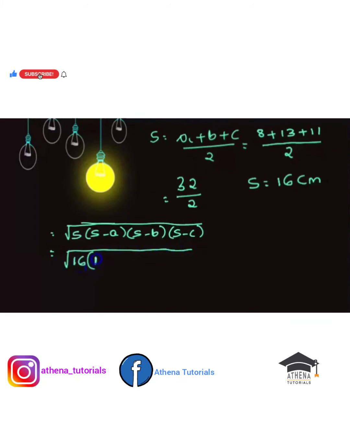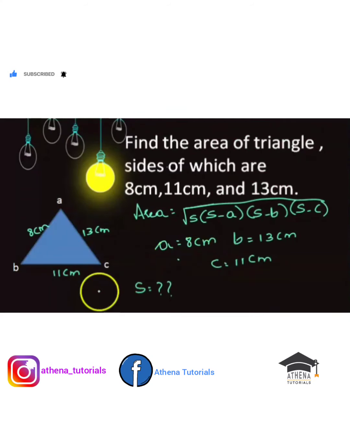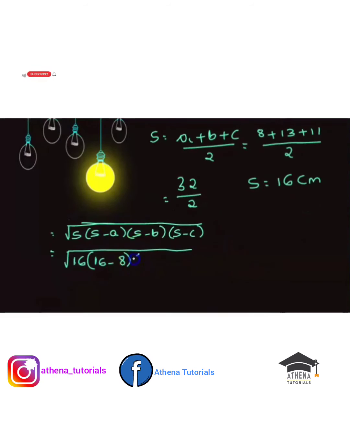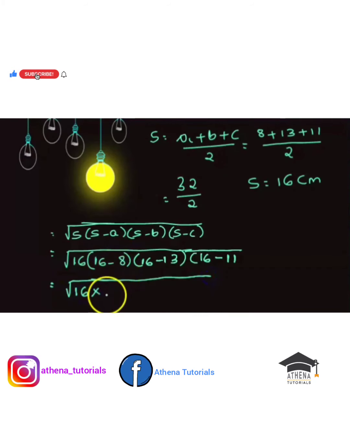So 16 into 16 minus 8, A value is 8, and 16 minus 13, B value is 13, and 16 minus C, which is 11. So again root of 16 into, what is 16 minus 8? It is 8, and 16 minus 13 is 3, and 16 minus 11 is 5.